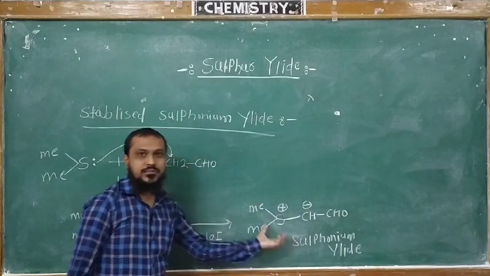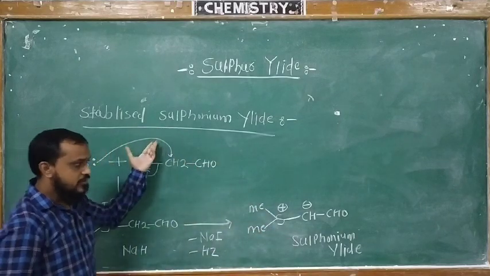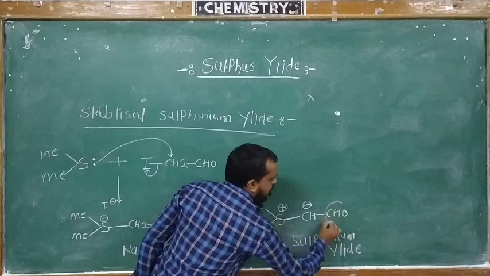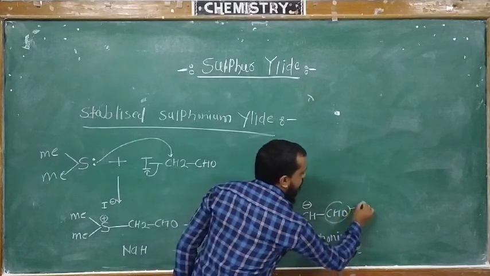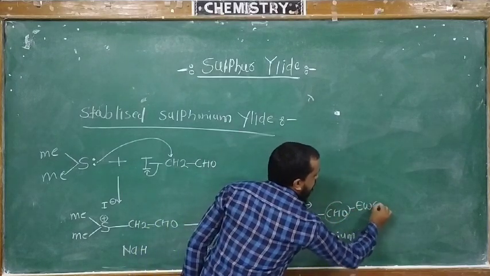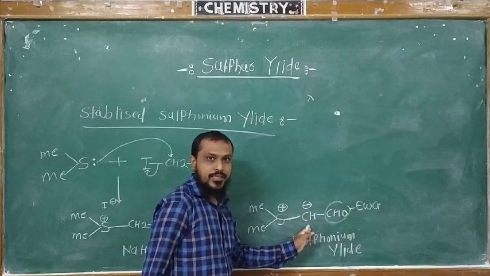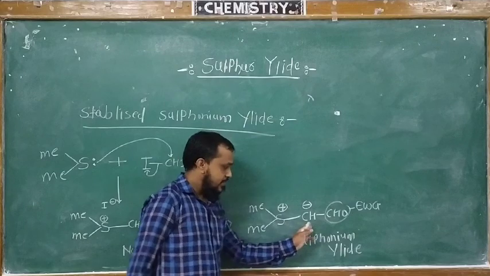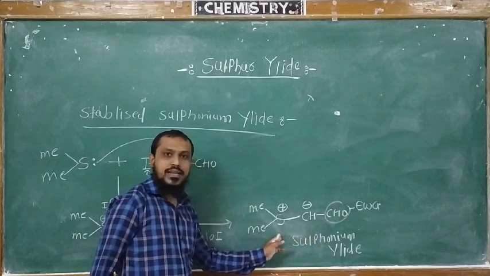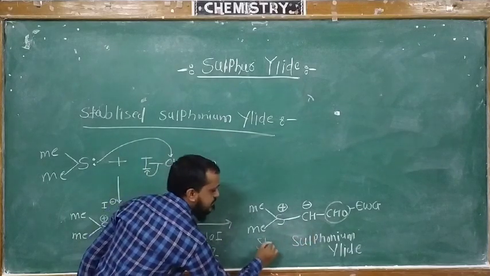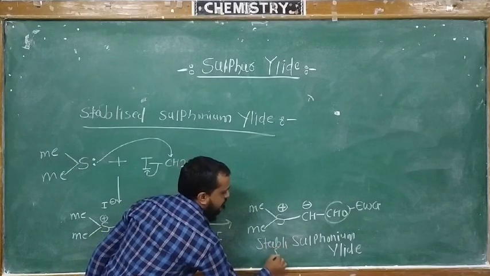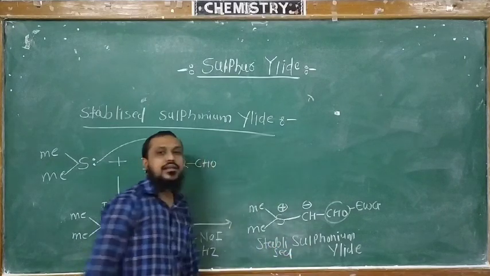This ylide is called a stabilized sulfonium ylide because here one electron withdrawing group is attached to the nucleophilic carbon of the sulfonium ylide. Hence, this sulfonium ylide is called a stabilized sulfonium ylide.